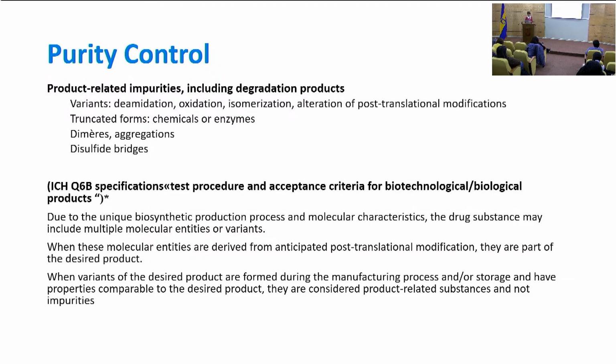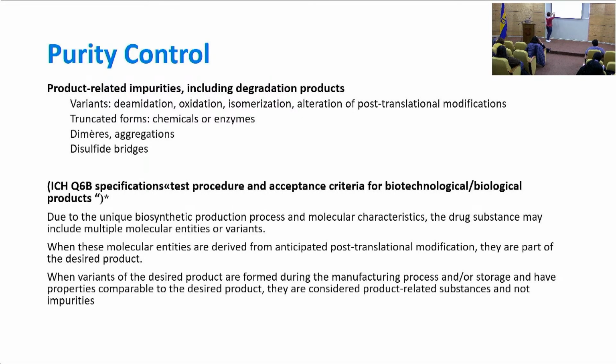So what kind of variants can we find, if you come back to the proteins? Variants related to the deamidation process. I will explain in depth later how the deamidation leads to the production of variants. Oxidation, which can also lead to a conformational alteration of the protein, as well as isomerization.